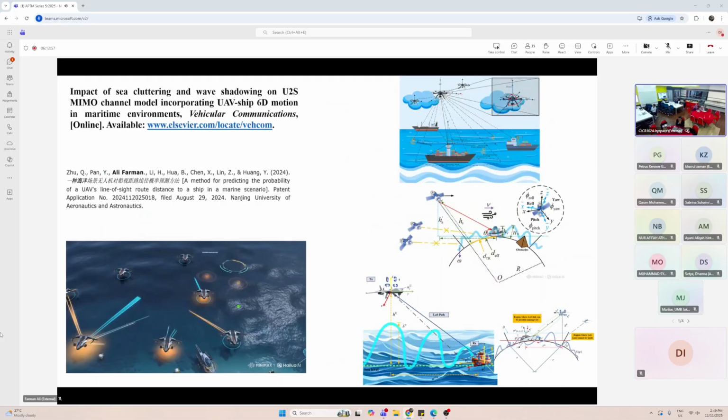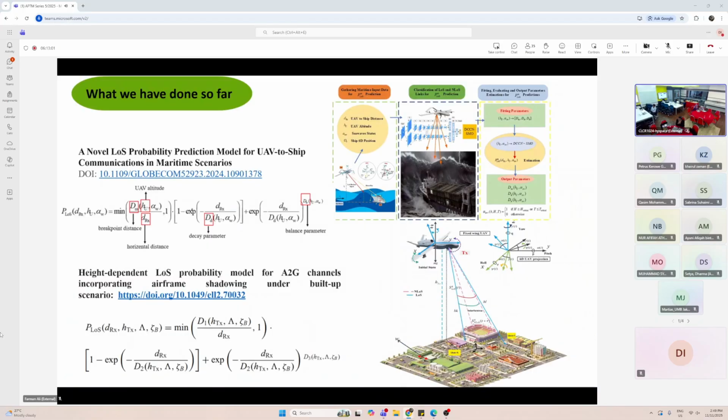In our next work, we considered the airframe of the UAV body with the ground communication links, how to maintain the communication link between the UAV and the ship, considering the factors of the airframe body of a UAV.